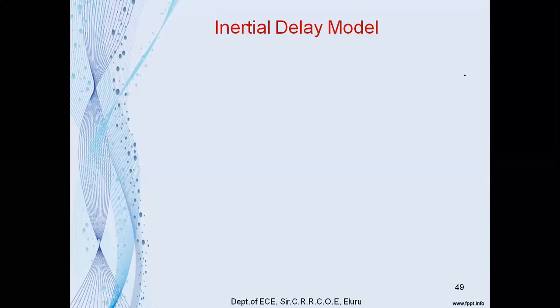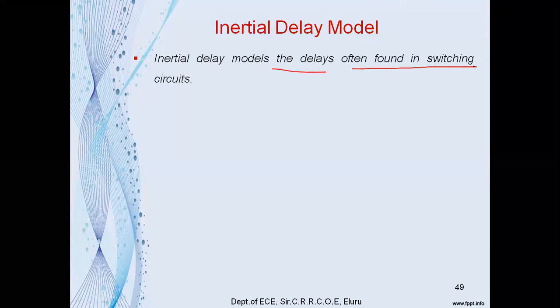In VHDL, we have two types of delay models: inertial delay and transport delay. So what is inertial delay here? The inertial delay model is often found in switching circuits. So what does a switching circuit consist of?